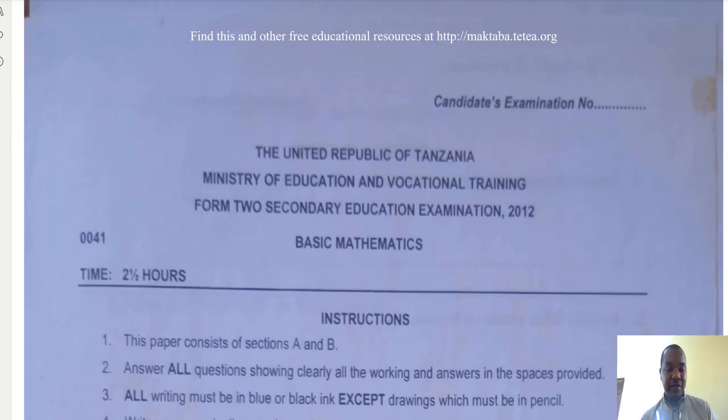The instructions of this exam are not different from others. The only point to be noted here is that the format of this exam is the old one, whereby students were doing two sections, section A and section B. The questions are within the format of the Form 2 syllabus.